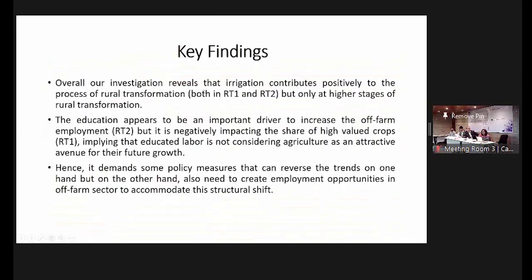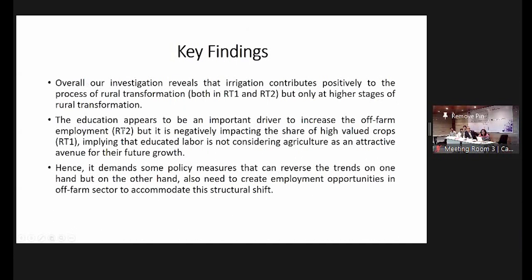To sum up in the slide: the overall investigation reveals that irrigation contributes positively to the process of rural transformation, and it is more pronounced at the higher stages.